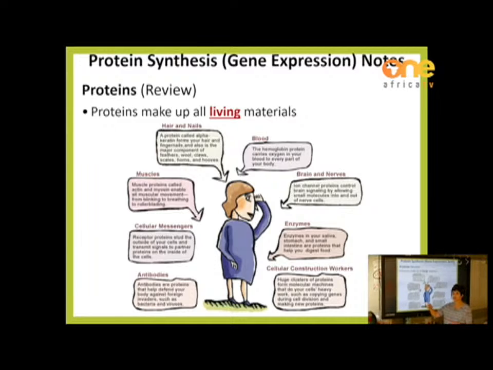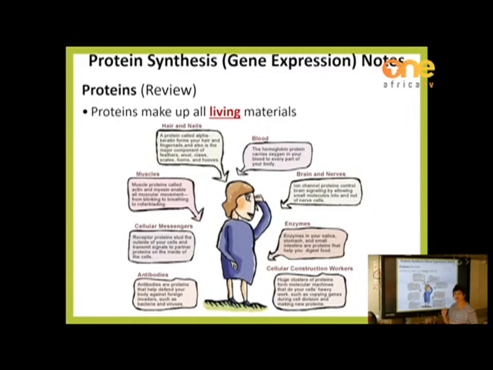Cell messengers, the receptors at the cell surface membrane that need to communicate with the inside of the cell. And also hormones are messengers, chemical messengers made out of proteins. Then we have the muscles and the hair and nails.